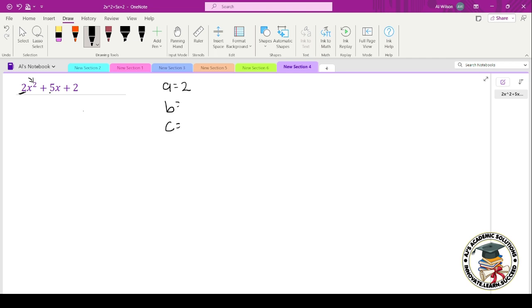Now here we have our number and our letter, and in this case, the number with the letter is 5. And finally c, the number by itself, is 2. Moving on, our a times c is equal to 2 times 2, which is equal to 4.